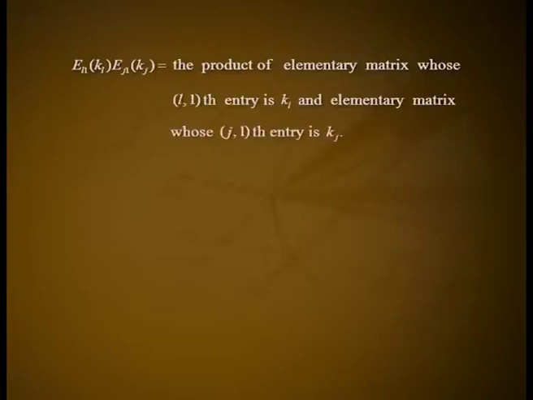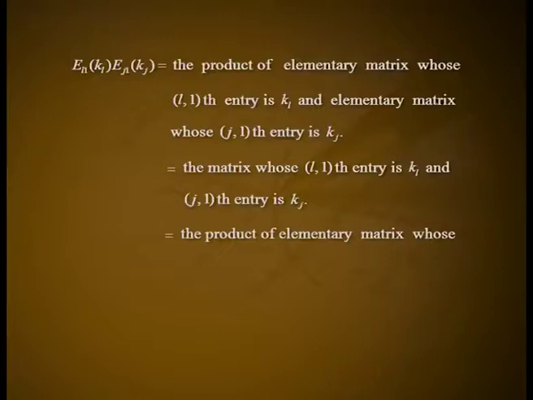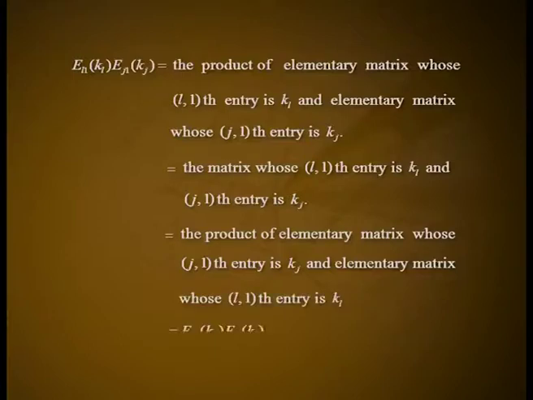E_l1(kl) E_j1(kj) is equal to the product of the elementary matrix whose l1th entry is kl and the elementary matrix whose j1th entry is kj, which is equal to the matrix whose l1th entry is kl and j1th entry is kj, which is equal to the product of the elementary matrix whose j1th entry is kj and the elementary matrix whose l1th entry is kl, which is equal to E_j1(kj) into E_l1(kl).